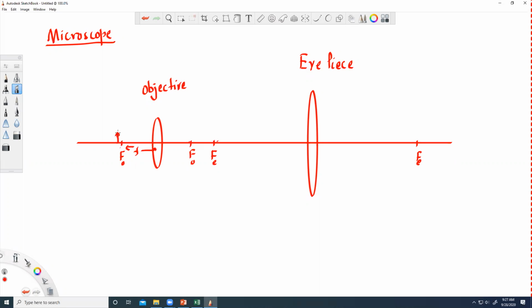If you draw a straight line parallel to the axis, it will go through the focal point of that lens.